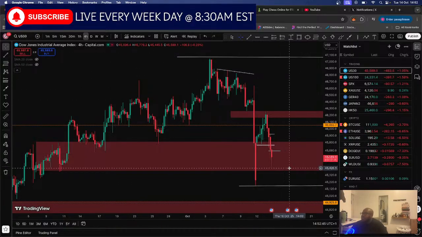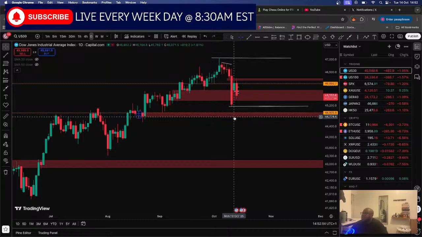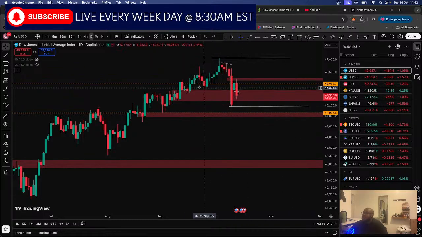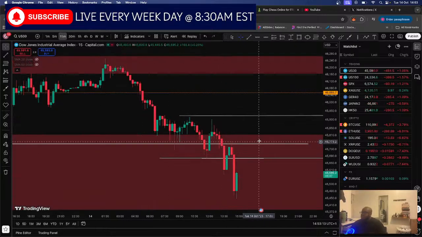If that happens, we could see a higher low put in here. We could see the market continue to rally from our area of demand. And this would be proof to you guys as to why you should never ever look to position short inside a demand area. However, if we don't get the rally that I'm looking for, then in the next 5 to 10 minutes, I'll just call it quits for the day. Let's just wait and see.